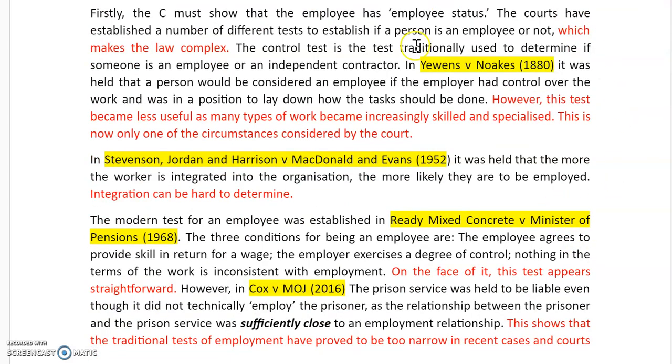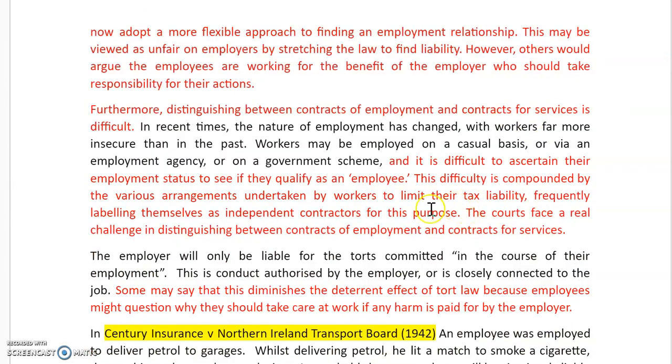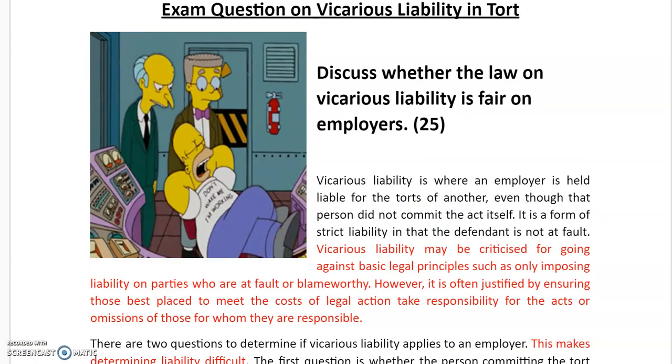You'll have a balance of rules and a balance of evaluation, and that way you should maximise your chances of getting full marks. So let's take a look at some suggested content for this question then.